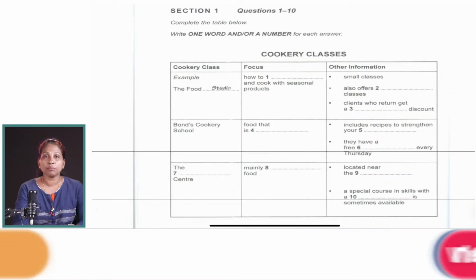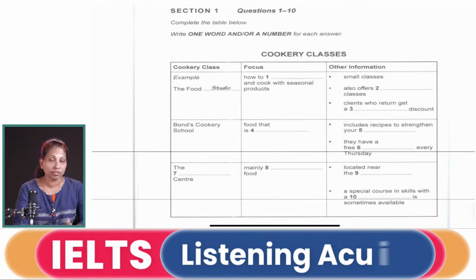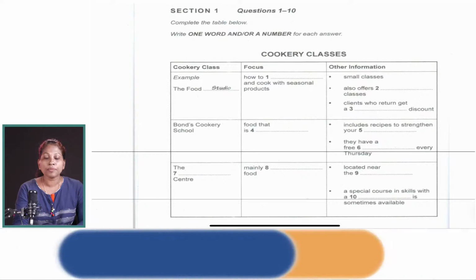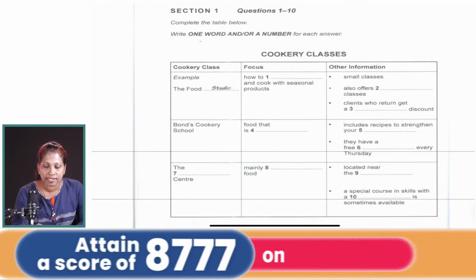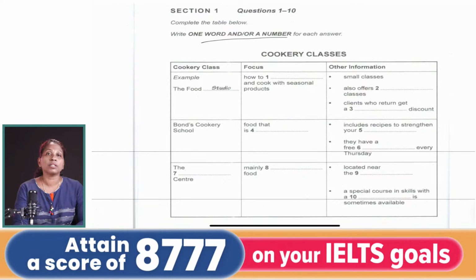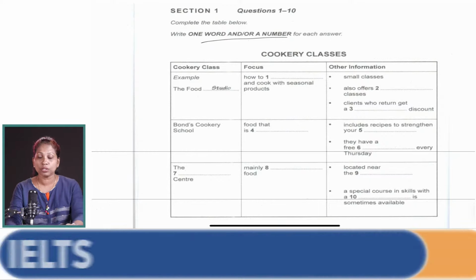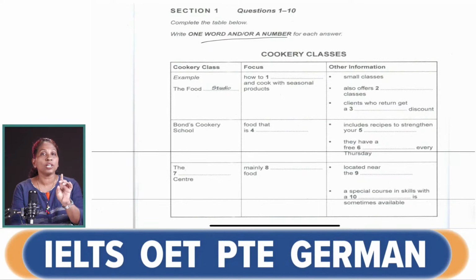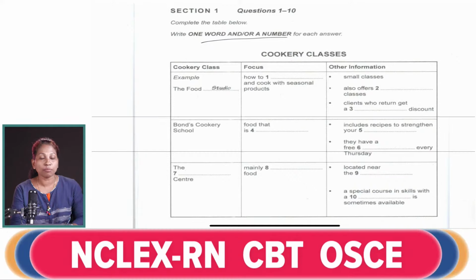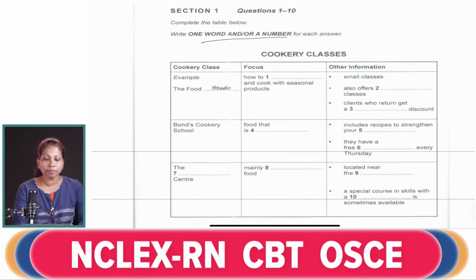So we have sentence completion, we have note completions, we have table completions, which is also one of a common kind of question in listening. And the instruction says answer in one word and or a number. That means each blank will have only one word and or a number, right?